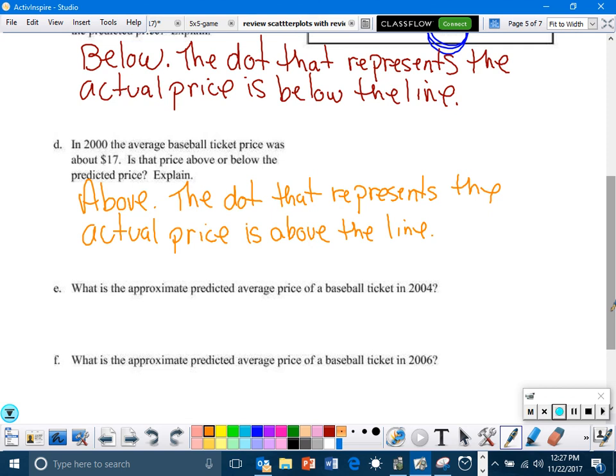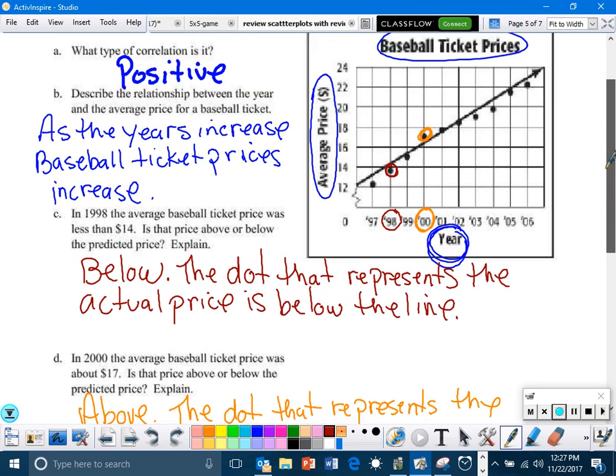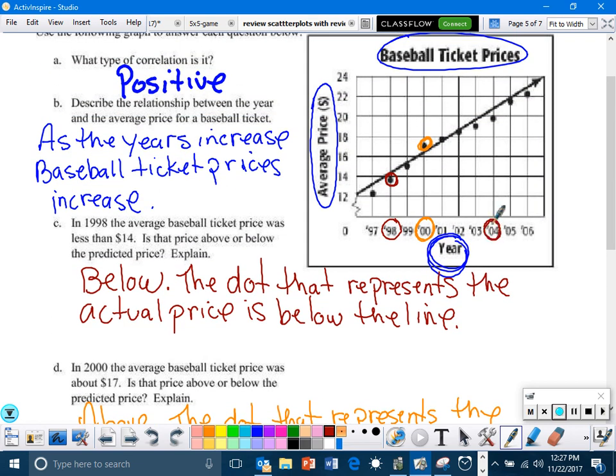E. What is the approximate predicted average price for a baseball ticket in 2004? All right, back to my graph. So here's 2004. I'm going to go up till I get to the line. Okay, again, it says, what is the approximate predicted average price?